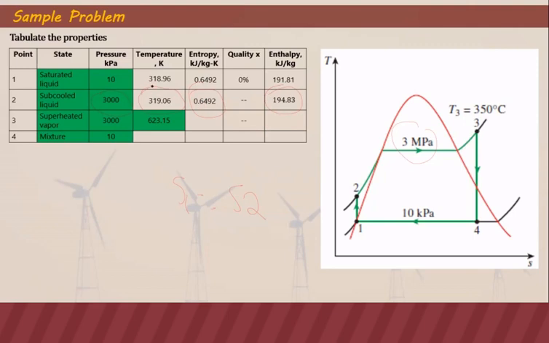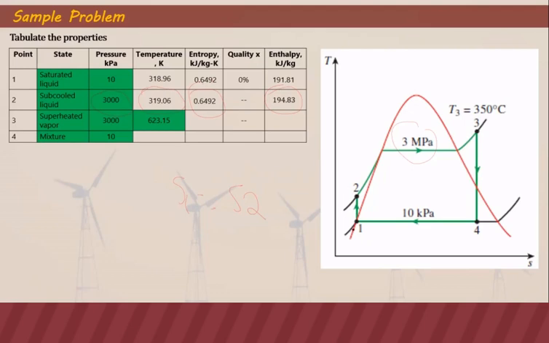The temperature has increased from 318 to 319.06. So even if this is just a pumping process, there is still an increase in temperature. And the enthalpy has also increased from 191.81.